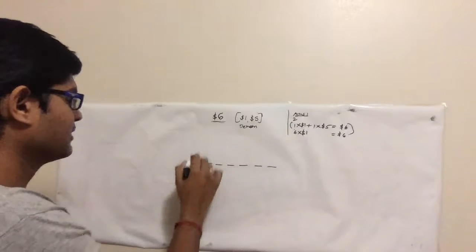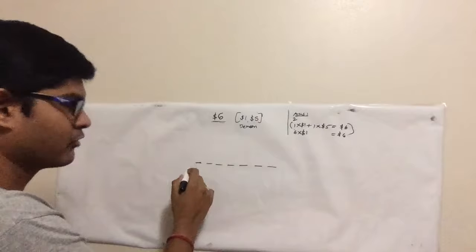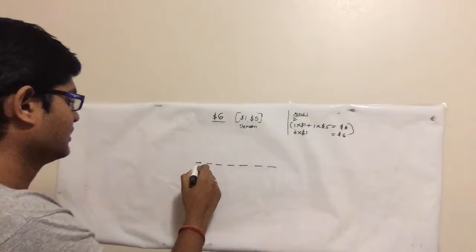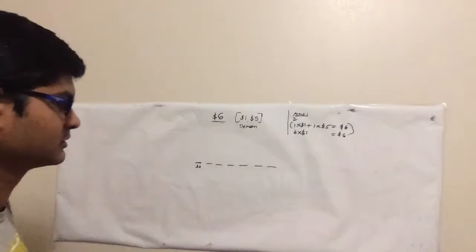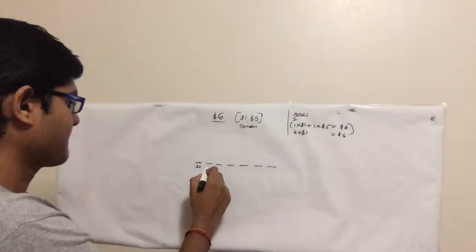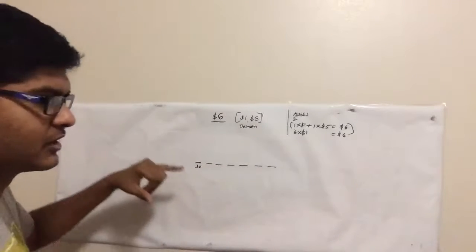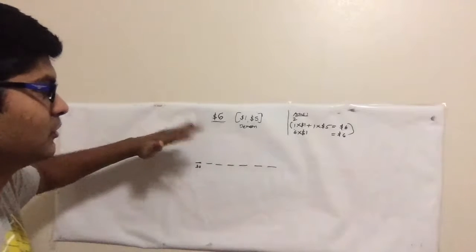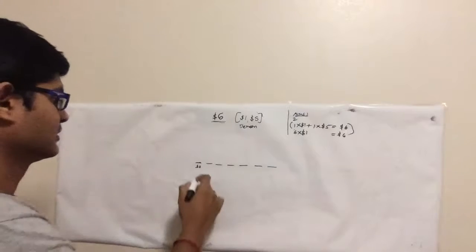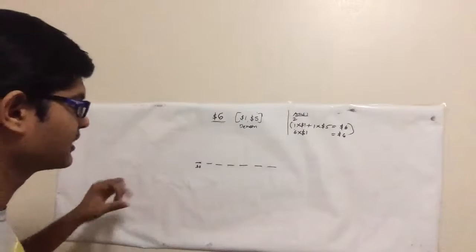So for example, if we have been asked, in how many ways can we make $0 using no coins? In how many ways can we make the $0?